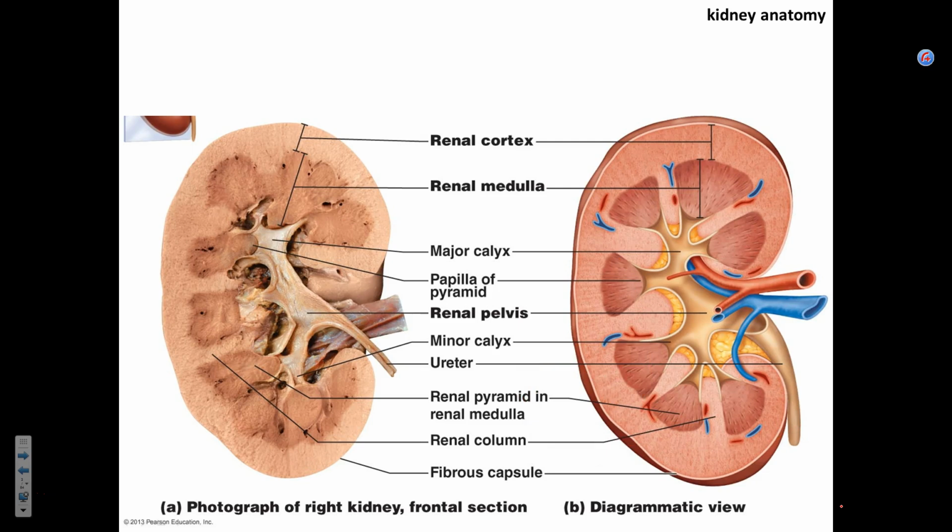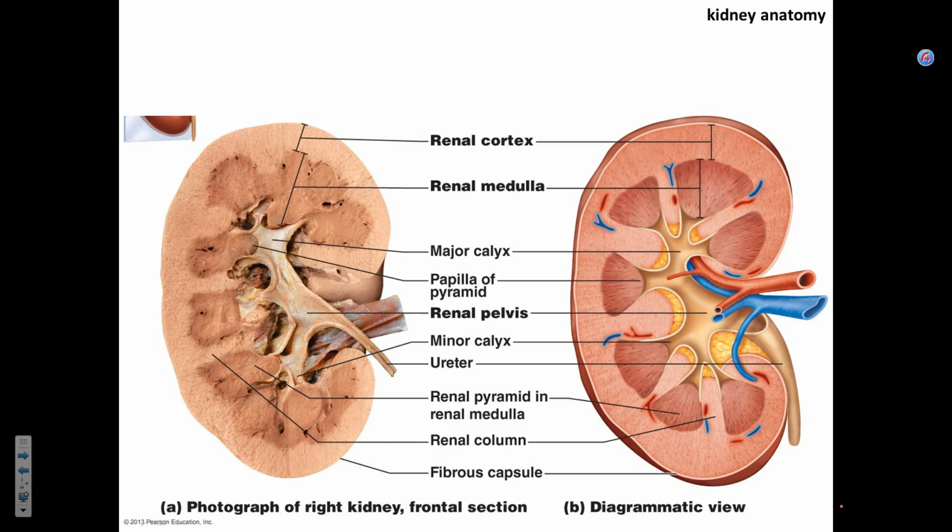So let's take a look at the inside. I'm going to show it on the image, and I'm going to use the model. Does everybody see the model? Kidney is a parenchymatous organ without any cavity.